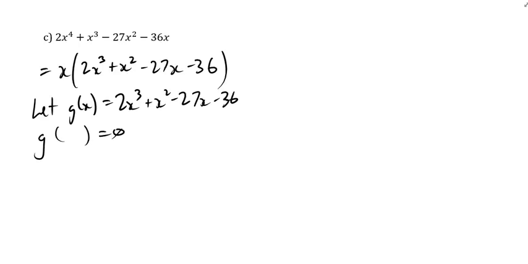So start looking. I mean, 27 and 36 are both multiples of 3, so 3 might be a good guess, but always try 1 and negative 1 first. They don't look like they're going to work to me. Something about it makes me think 2 might work. Negative 2.